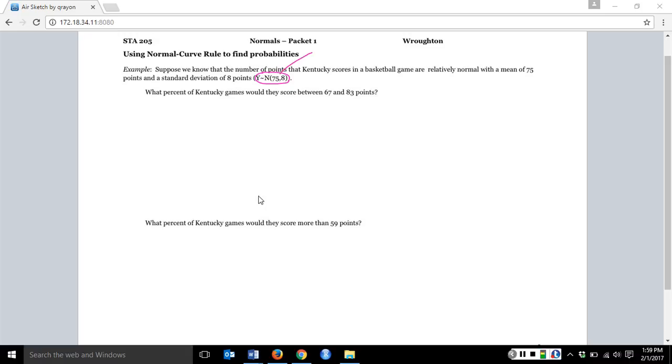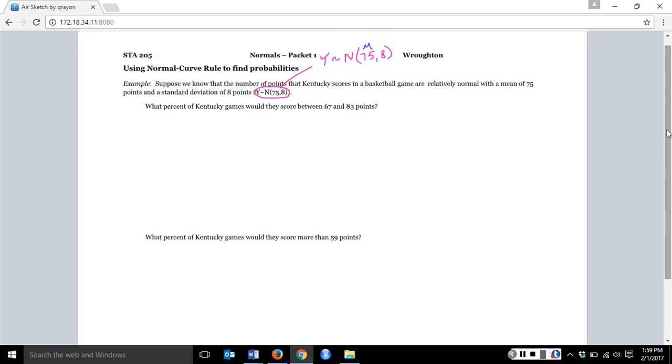So I'm going to write it up here so I can write it a little bit bigger and talk about each piece. And we're actually going to work backwards. The 75 is the mean, is our mu, and the 8 is our standard deviation, so that's our sigma. This N just stands for that it's normal, or basically that it has that bell-shaped picture that we were just looking at.